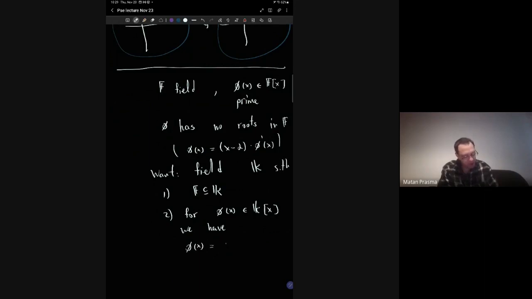So I write it like this: alpha times the product of (x minus alpha_i), i equals 1 to n. N is the degree of phi, where alpha and alpha_1 up to alpha_n are now elements in the field K. Yeah.